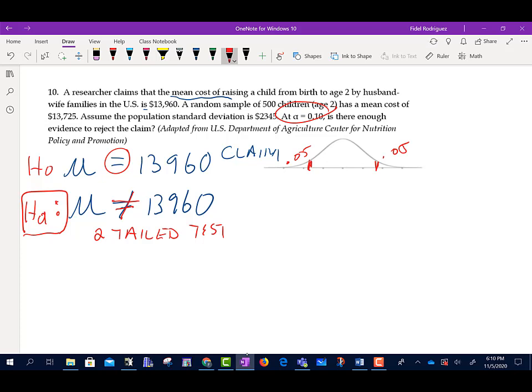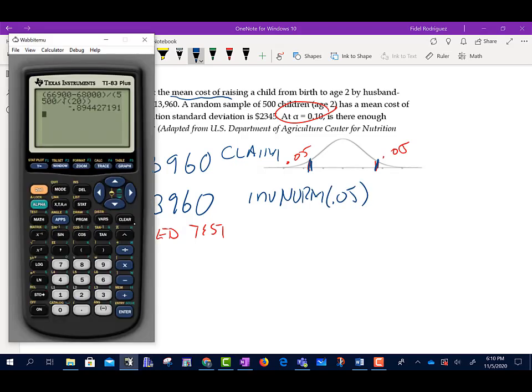And I need to find those critical values here. What's the value here and what's the value here? So the way I'm going to do that, I'm going to go inverse norm of 0.05. So let me clear this out.